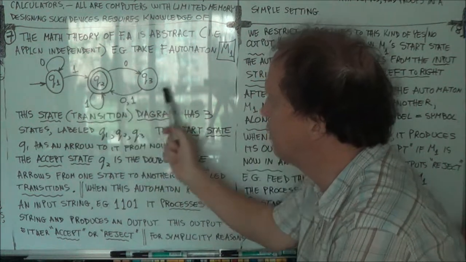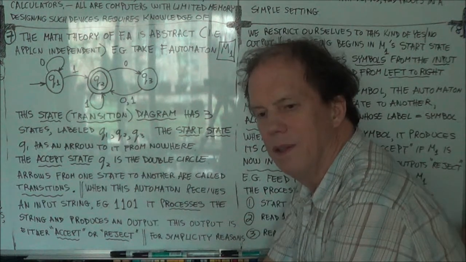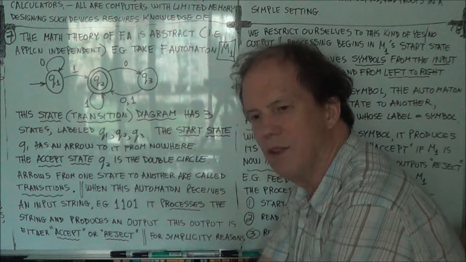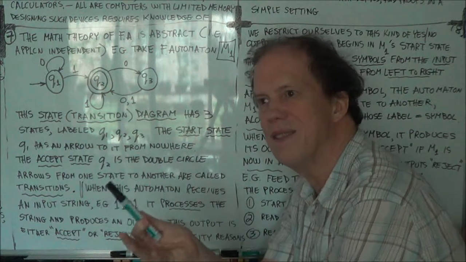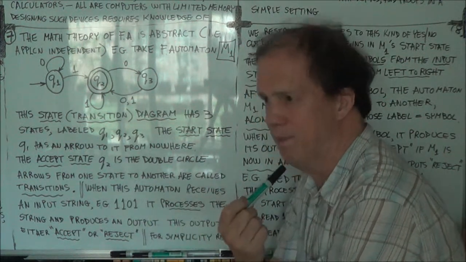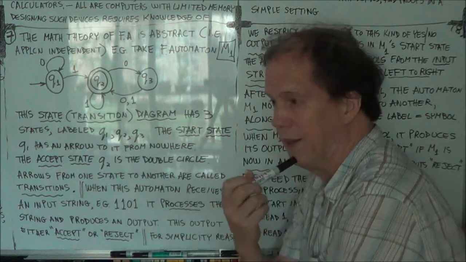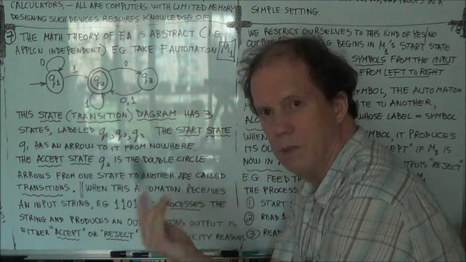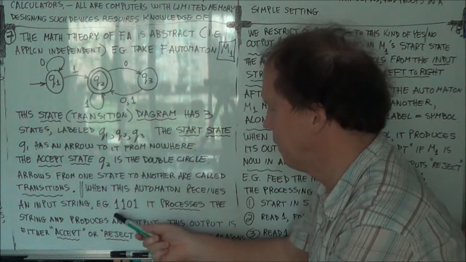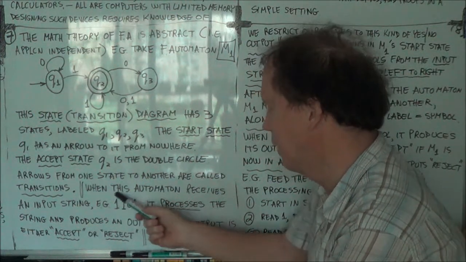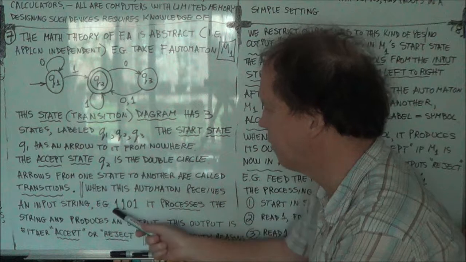So you have this device, this machine, this automatic machine, this automaton, which is what an automaton means in the ordinary English sense of the word, an automatic machine. Now, usually a sequence, some kind of input string of symbols.